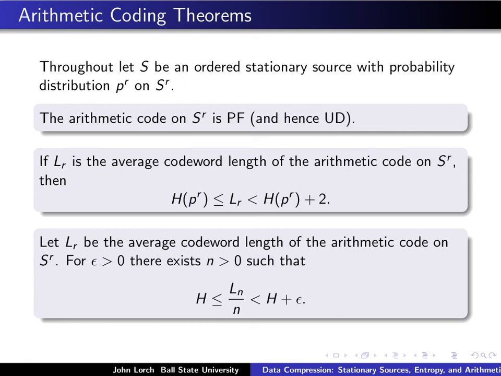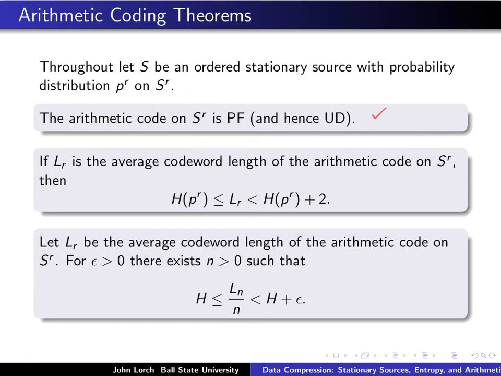So it's not a fluke that the code that we produced on the previous slide was prefix-free. Next, the average code word length for the arithmetic code is always going to lie between the entropy of the distribution and the entropy plus 2.